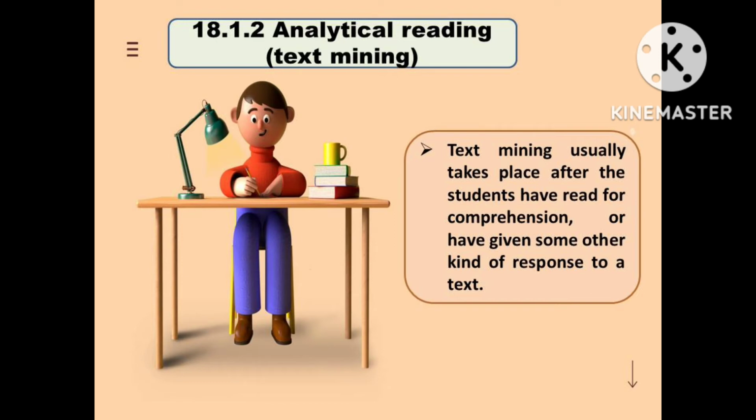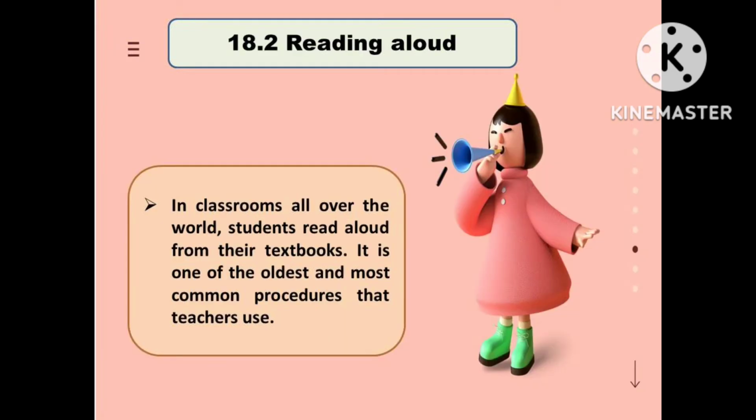So just a sentence or a phrase. So with short text, the students can discuss why the words are put in the order they are. So examine the agreement of subject and verb, or think about whether the text gets its message across even though it is short. Now let's learn about reading aloud.